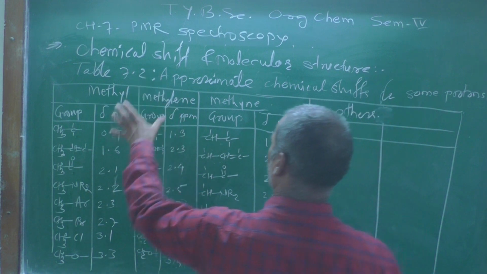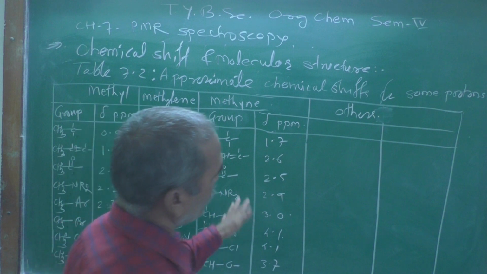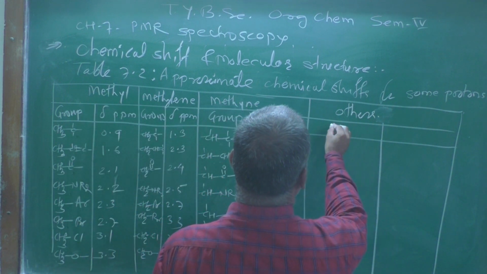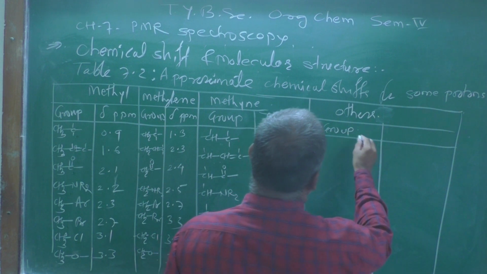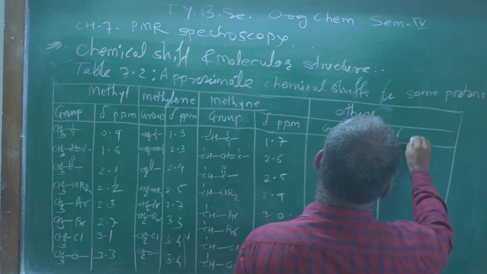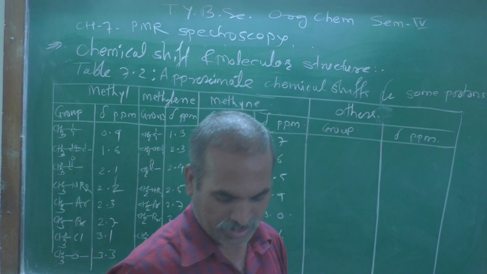Others means the methyl, methylene and methane groups. Now other than these groups, what would be the delta values in ppm that we are going to find out over here.